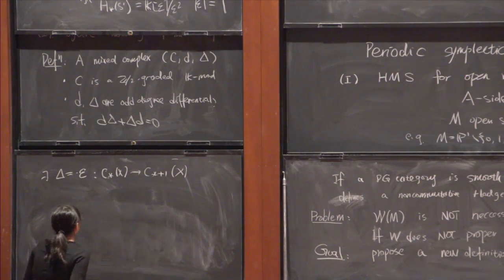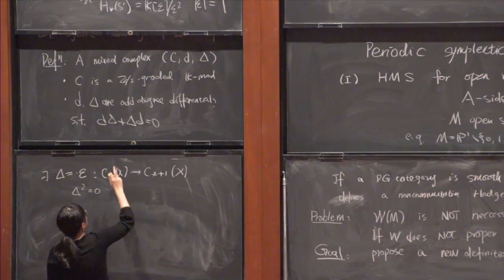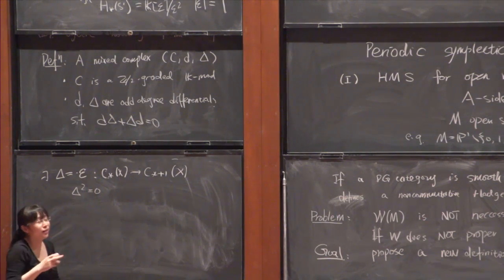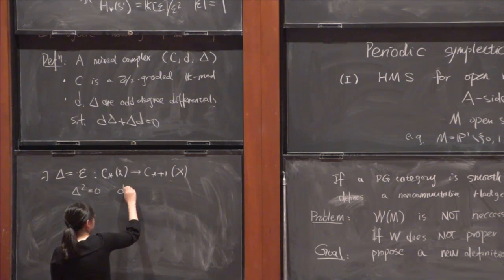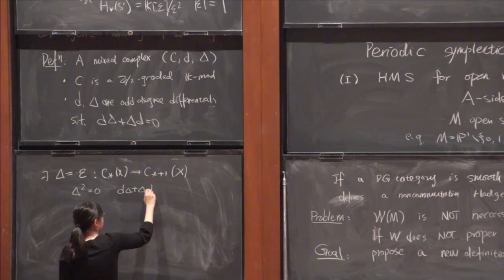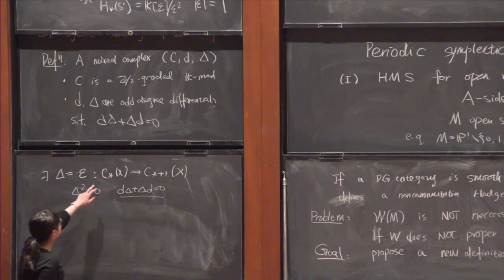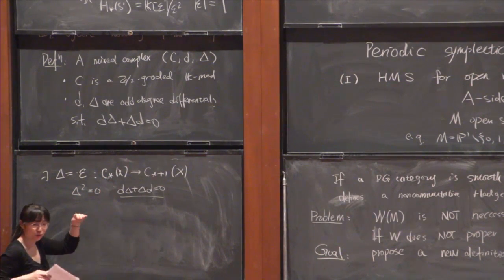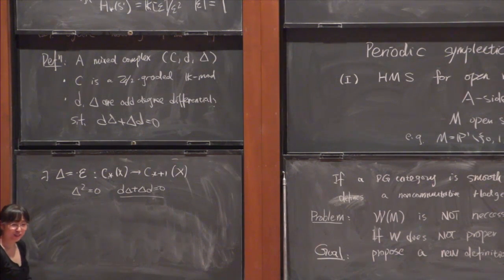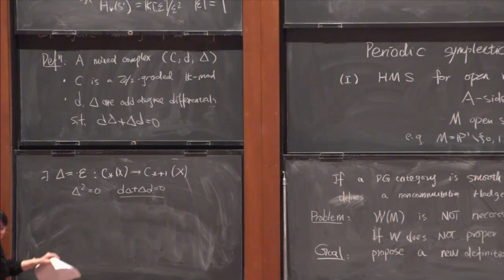I know there's a relation that delta squared equals 0. When you work out the differential graded module condition, there's a Leibniz condition that turns into this condition here. I'm lying a little bit: to really write down this map, I need to pass to normalized singular chains and transfer the structure.